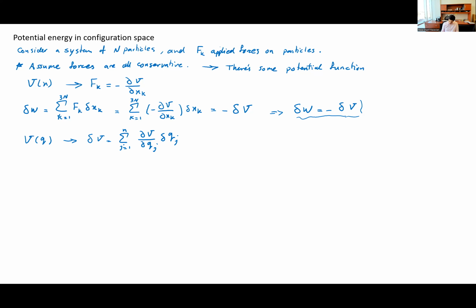Using this and that, we can see the virtual work takes a very similar form: the sum over j equals 1 to n of minus partial V partial q_j δq_j.